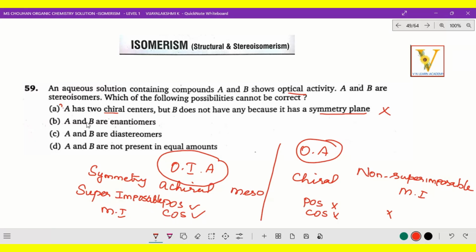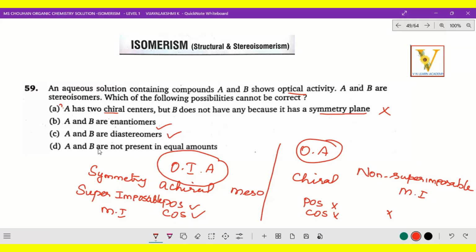The second one, A and B are enantiomers, definitely this is optically active. A and B are diastereomers, yes, that is also optically active. Diastereomers differ in spatial arrangement: one point is fixed, the other is changed. So diastereomers are also optically active.